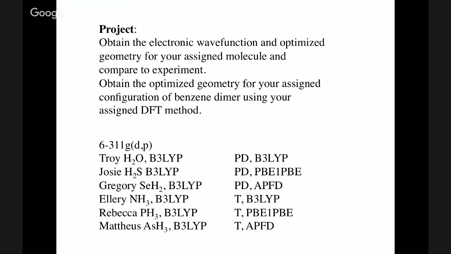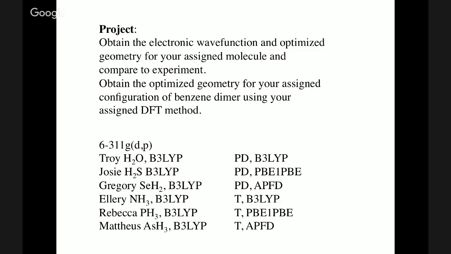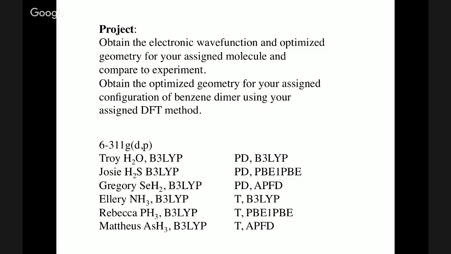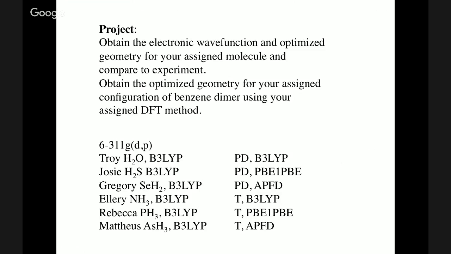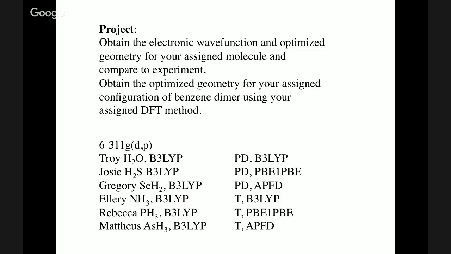And the other is to look at the functional dependence of structures for benzene ions. The first one, did everybody get a structure for your small molecule? Yeah. In the output file, if you scroll down to the bottom, it will give you the bond distances and bond angles.